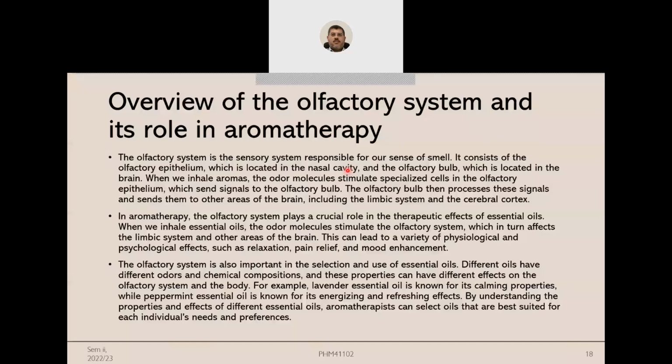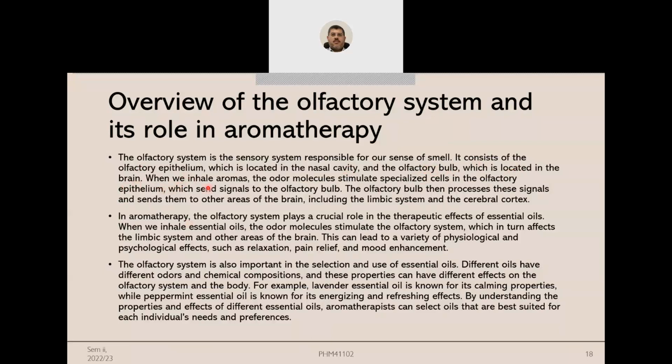Okay, so when it comes to the olfactory system and its role in aromatherapy, how is this system responsible for the effects of aromatherapy? As we mentioned, this is a sensory system responsible for the sense of smell. There is olfactory epithelium in the nasal cavity, and then there is the olfactory bulb in the brain.